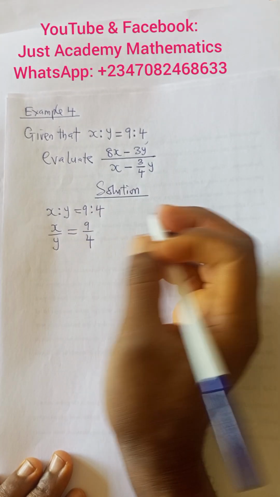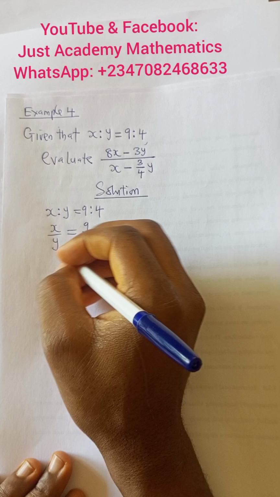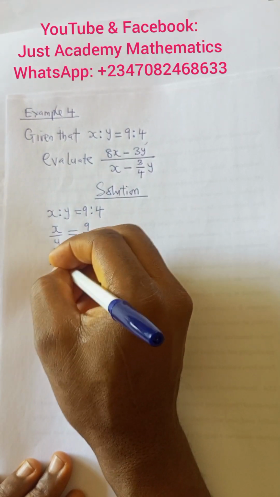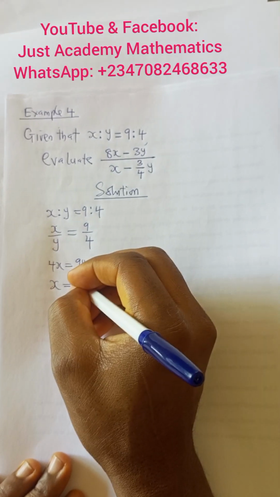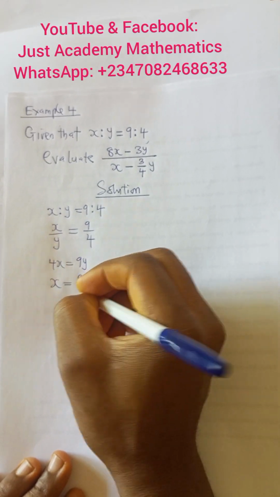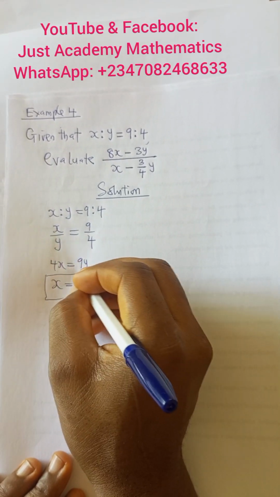You can make S the subject. If you cross multiply, you have that 4S is equals to 9Y. So S is equals to 9Y/4. Take note, this is the value of S.